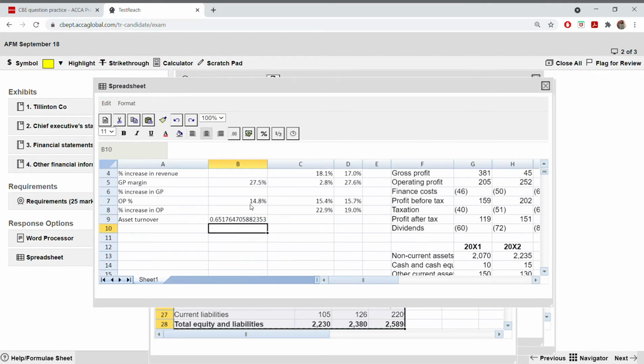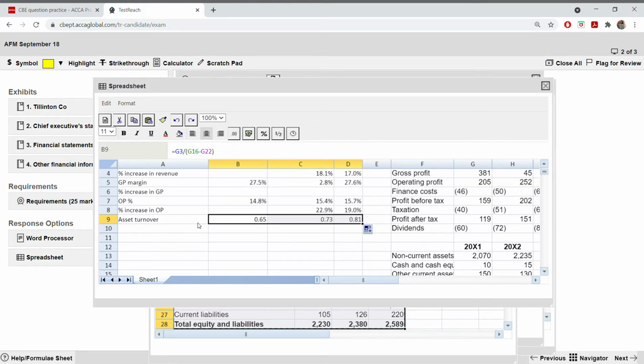This is not in percentage, you will take it in two decimal places and drag it to the other cells also. You only have to take 1 year, the other cells you just drag it, that's it. But the formula has to be correct in the first column, first year.